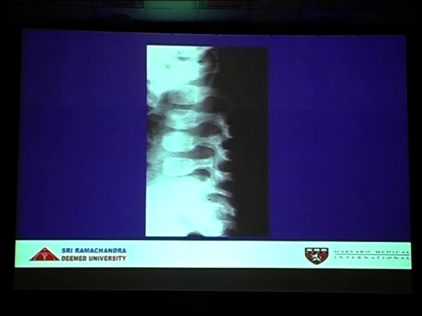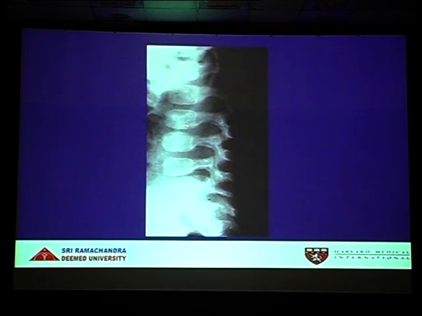Sometimes, can you appreciate that spine? Here you are seeing the vertebra, intervertebral disc. How will you read this one? You'll see the body of the vertebra, intervertebral disc space.